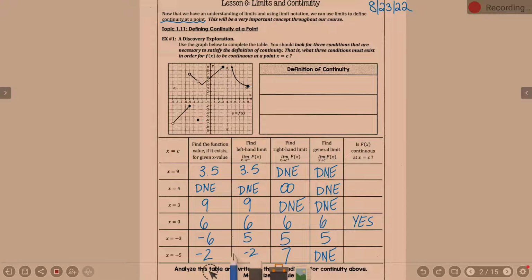The one special case, and I think this is just because it's the end of the graph, maybe, but at x equals 9. And you don't hear this talk very often, but she said it is continuous on one side.